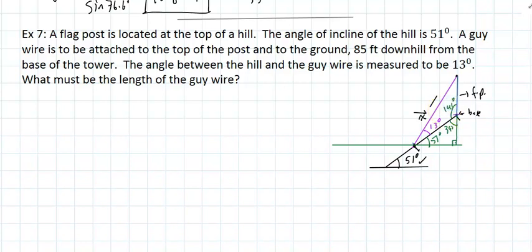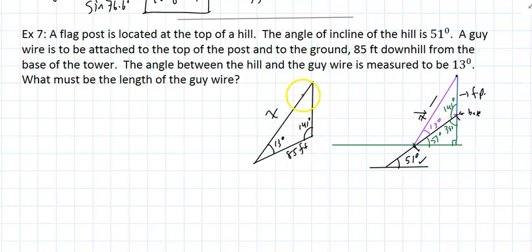If I redraw this really quick, I have this flag post. Pretty much what I have, 13 degrees, 141 degrees. This is 85 feet. This is what I'm looking for.